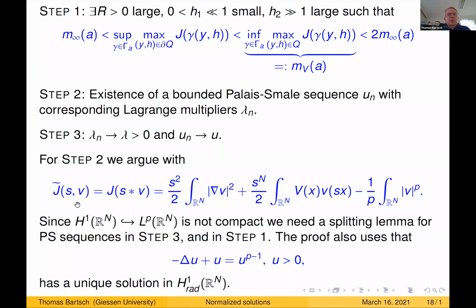And for step 2, we make a similar argument as before. We also evaluate J at S star V and take S as an additional free parameter. Now in the function you see the term with the potential enters, and you see here why one cannot scale out the parameter S from the argument.